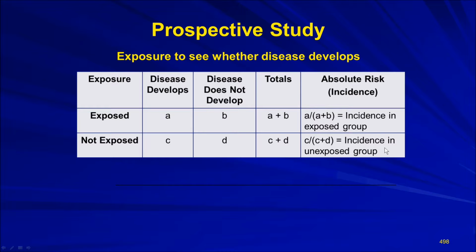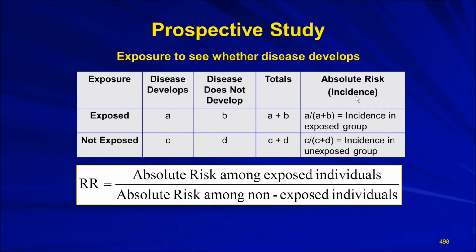Now, I have said nothing new to you because you know how to calculate absolute risk or incidence rate. Okay? Now, relative risk is calculated with absolute risk, or the incidence rate among the exposed individuals, and the incidence rate among the non-exposed individuals. So that's information you're going to get from here and here.